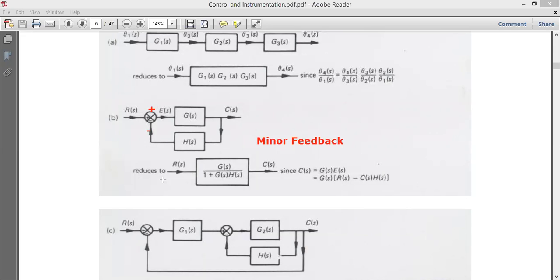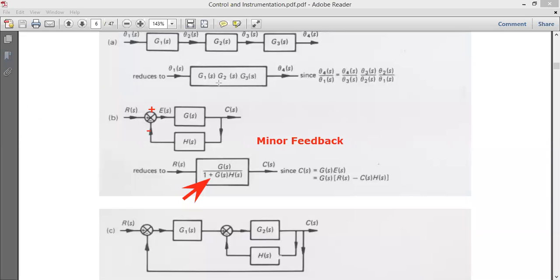Why this is plus here is because the input to the summation, which is coming from H of S, is minus. If this was plus, then I would have written minus. So G of S, that is the numerator, should be the G block, divided by 1 plus G block times H block. This gives you the transfer function that is represented by one block.